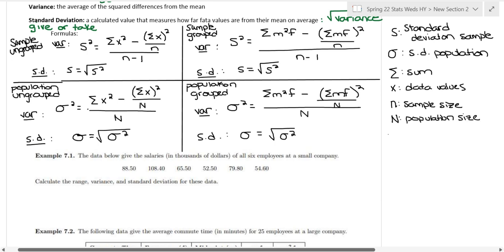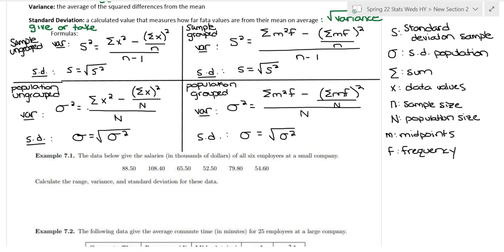M, midpoints. And then F is frequency. So I think I got all the letters there. All right, so I'll give you guys a minute to finish copying that down, and then we'll look at some of these examples, and we'll do them.